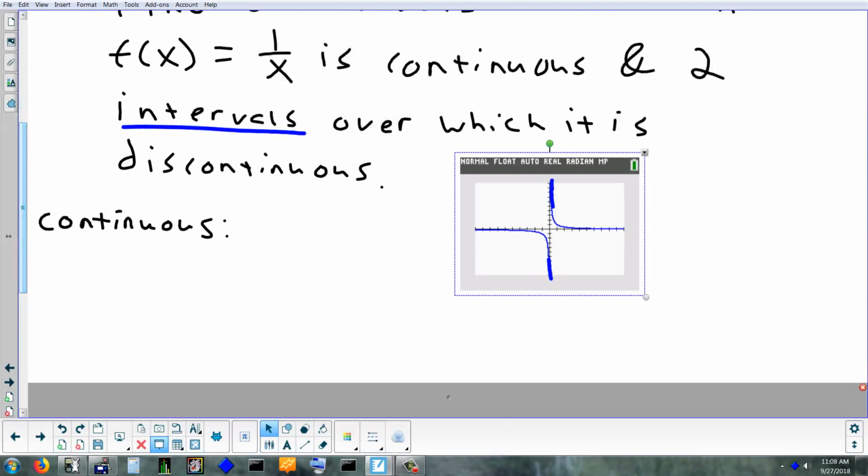Can somebody give me an interval using an x value where I could start from and end, and I could trace between those 2 numbers without ever lifting my pencil? How about Rob? Not sure.